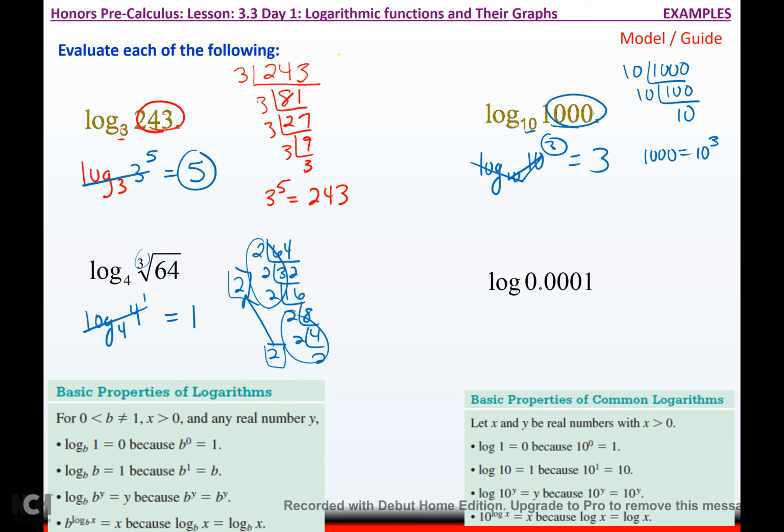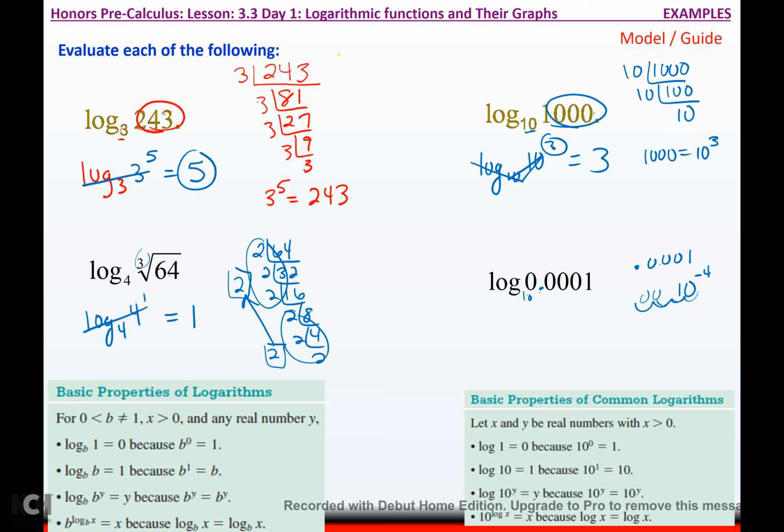Alright, here, this one, you don't want to break it down necessarily by tens, but would you agree that I could rewrite 0.0001 as 10 to the negative 4? Counting 1, 2, 3, 4, it's 1 times 10 to the negative 4th.